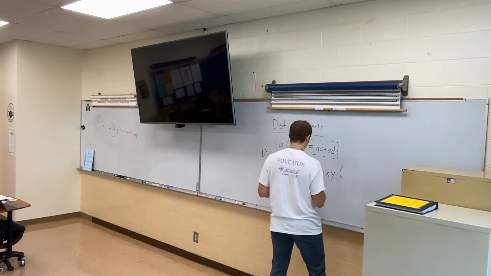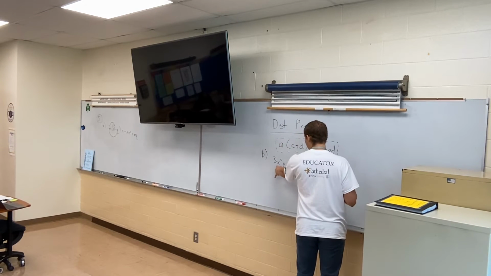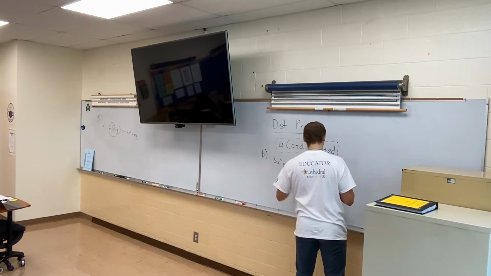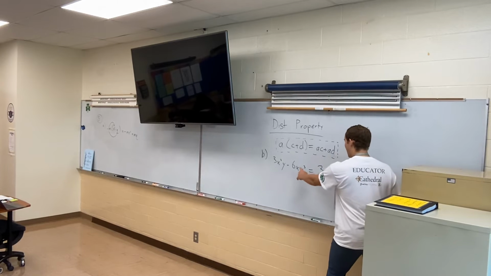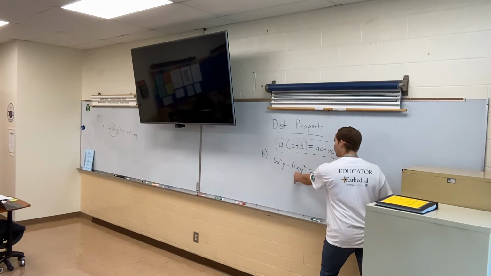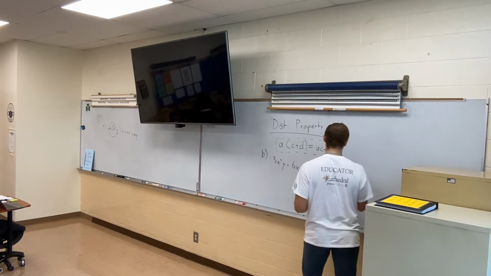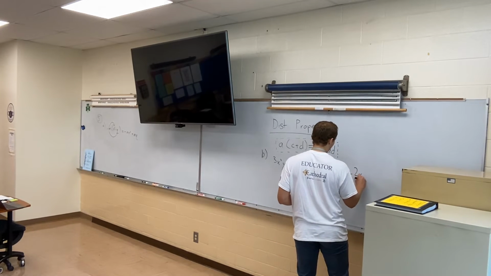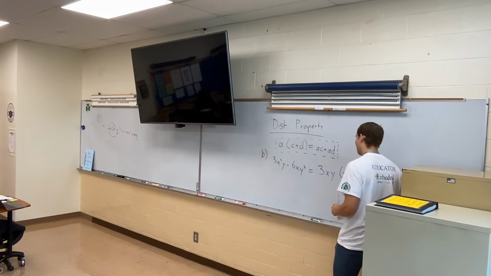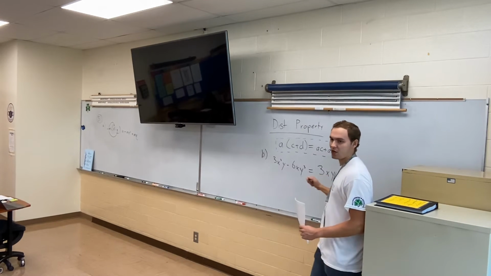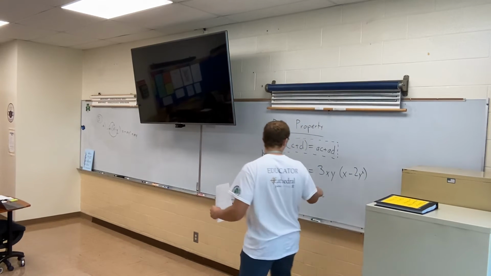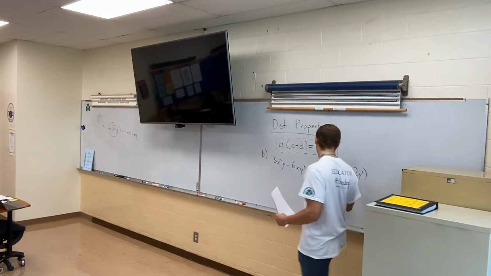And then 3xy times x equals my original first term, so I'm going to have an x right here. And then 3xy times 2y squared is equal to my original second term, minus 2y squared. Is that correct? Yeah. So that's going to be my answer. And guys, on a quiz or a test, you can always check your answer by distributing.